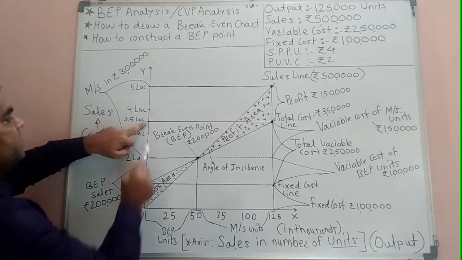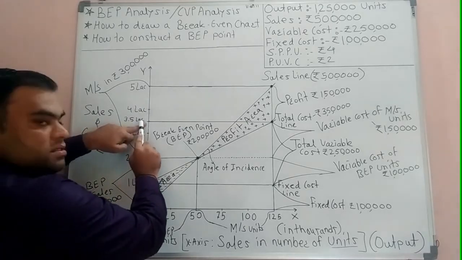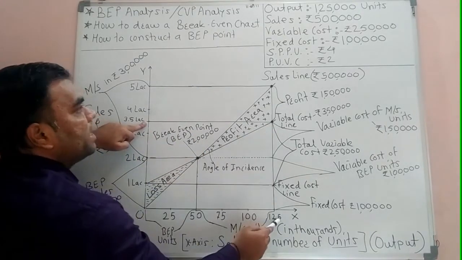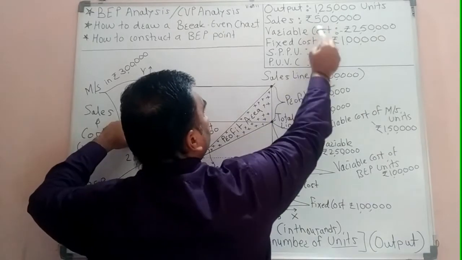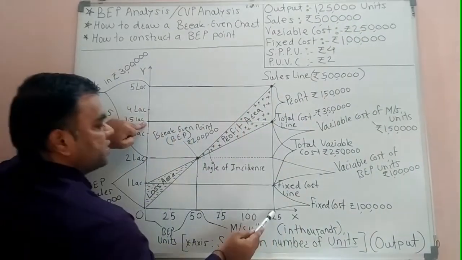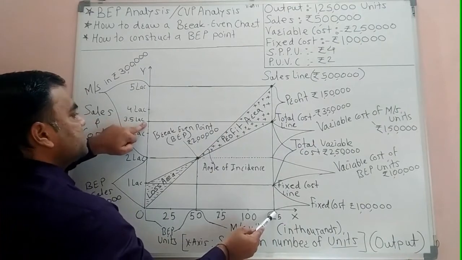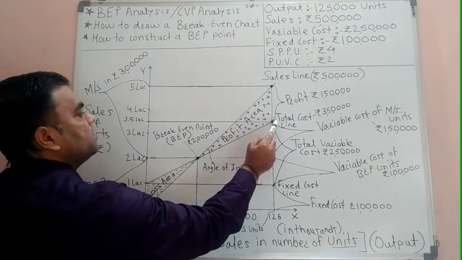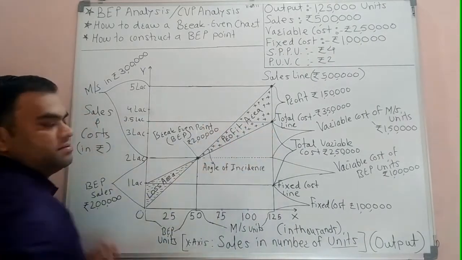So 3,50,000 is the cost in rupees, and it is the cost of 1,25,000 units. This total cost is of 1,25,000 units. So for 1,25,000 units, the cost is 3,50,000. Then we get the total cost point.